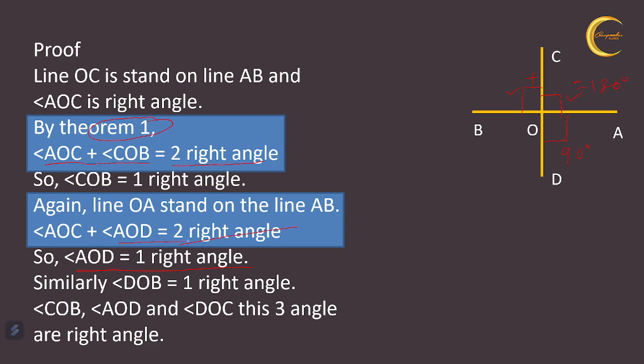Okay, now you understand. Next, similarly, DOB is the right angle. Earlier I proved COB is the right angle, so this OB line stands on the CD line, and these two angles are 180 degrees, so the DOB angle is 90 degrees. Okay. So the three angles are 90 degrees. If one angle is 90 degrees, it is the proof.